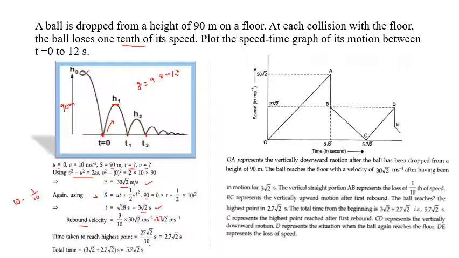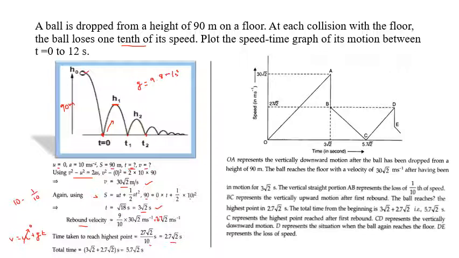We know the formula, v equal to u plus gt. u is 0, the velocity at the highest point is 0. So v equal to gt. So what is your t? v by g. New velocity is 27 root 2 and g is 10. So 2.7 root 2. This is your time taken to reach the highest point, H1.